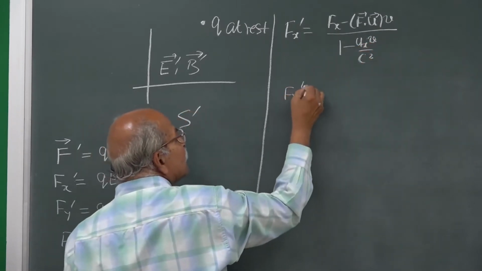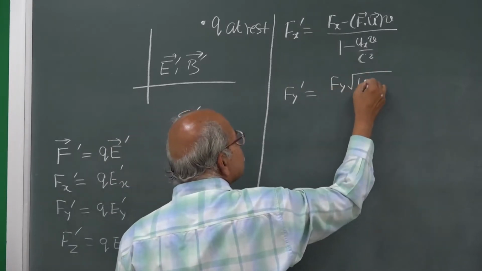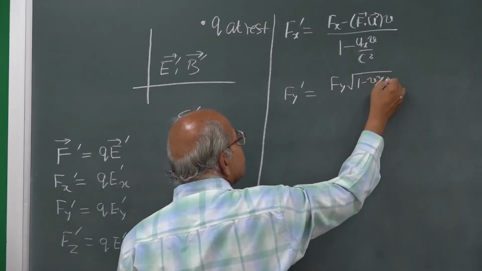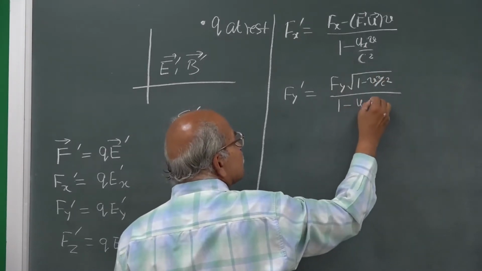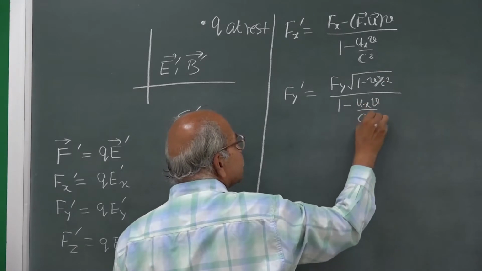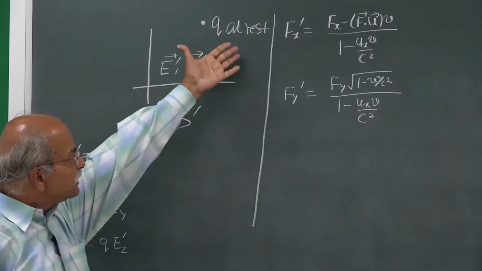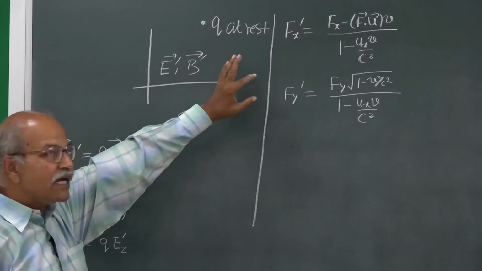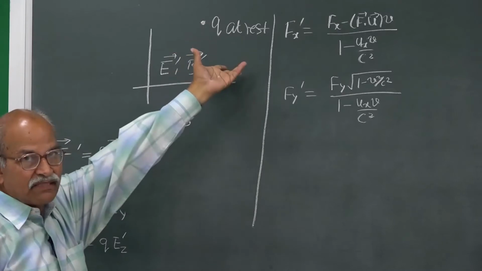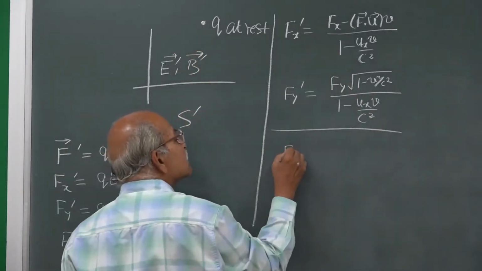Fy prime was Fy multiplied by square root 1 minus v square by c square, then the same denominator like that. And if you go for the inverse transformation, you change primed and unprimed quantities and v is replaced by minus v. So, you can immediately write what is Fx.